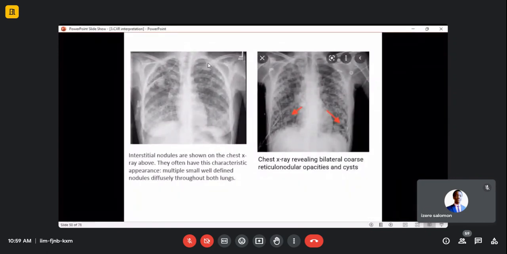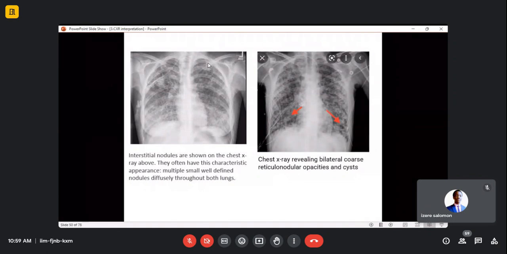Lecturer, can you summarize for me, because I have a bad network. I haven't understood well how to differentiate interstitial from the consolidation caused by fluids inside of alveoli.